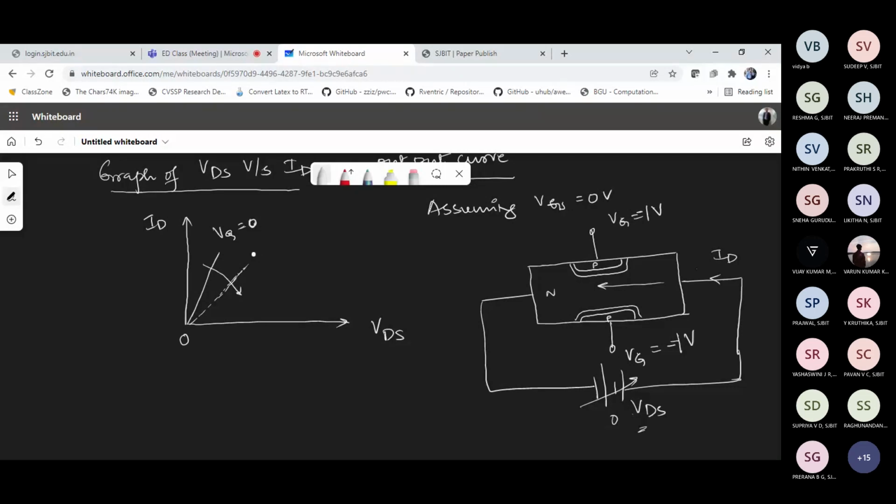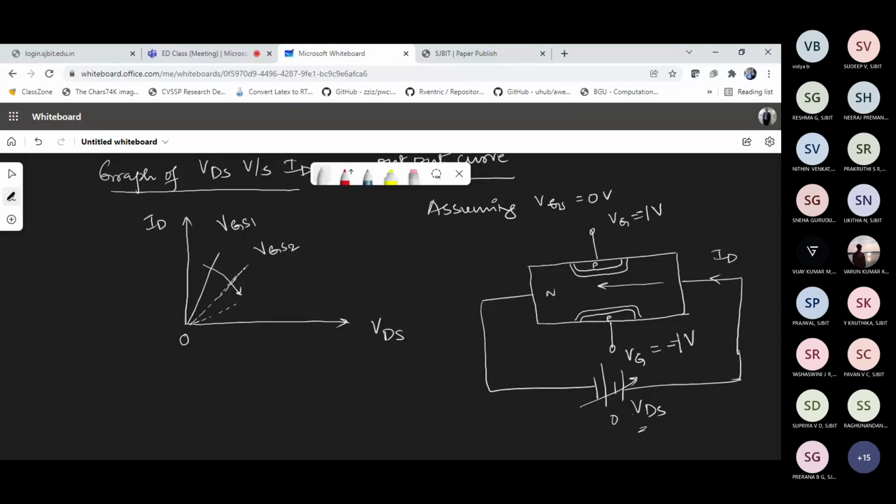So with every increase in the VGS value, let me call this VGS1 and this VGS2. I'm so sorry, the whiteboard is slowly getting delayed. While writing, I may be lagging, and VGS3 may be looking like this.